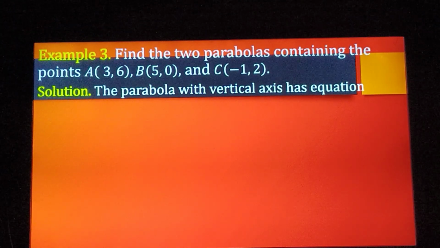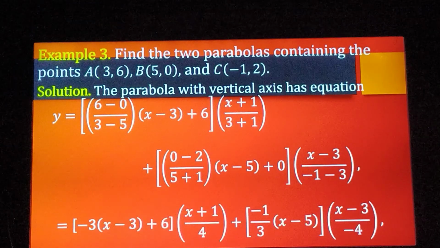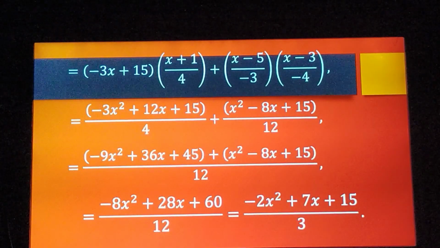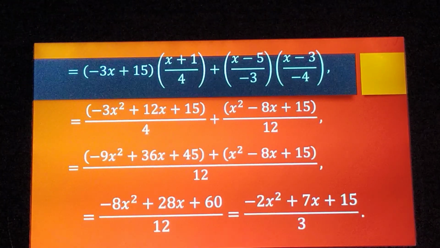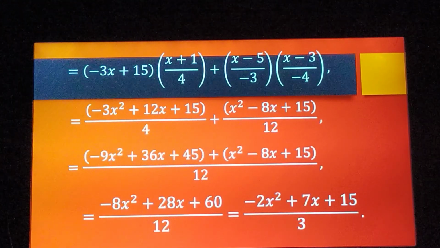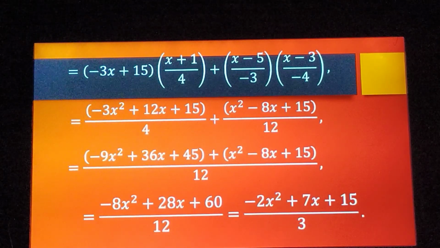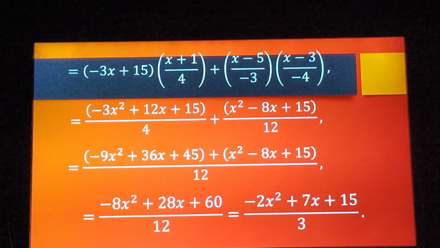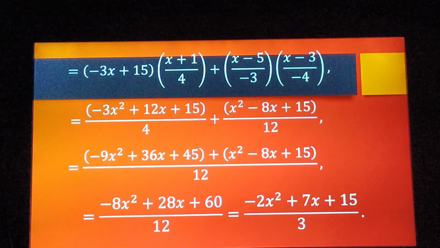Now, the parabola with vertical axis has equation, using the first form, this, which simplifies to (-2x² + 7x + 15)/3. So the parabola whose axis is vertical has equation y = (-2x² + 7x + 15)/3.